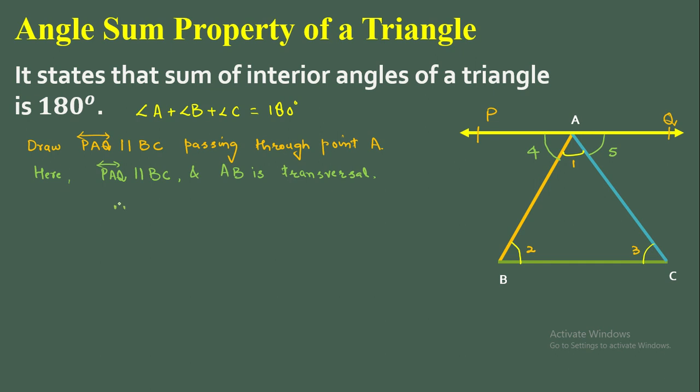So we can simply say, therefore, angle 4 is equal to angle 2 because they are alternate interior angles.